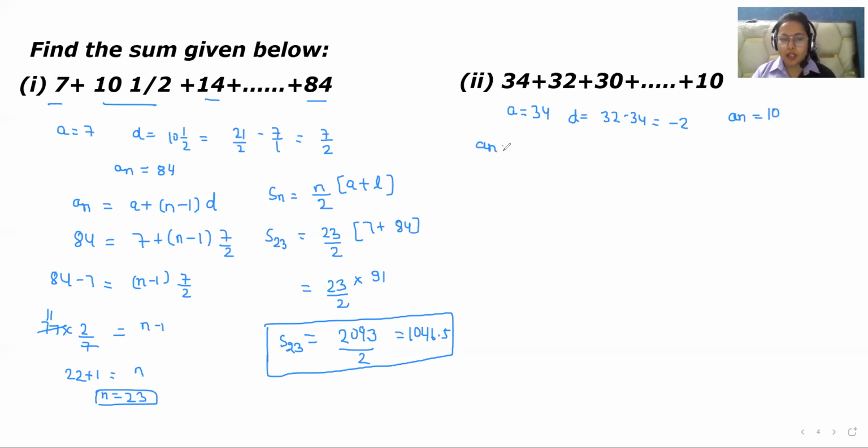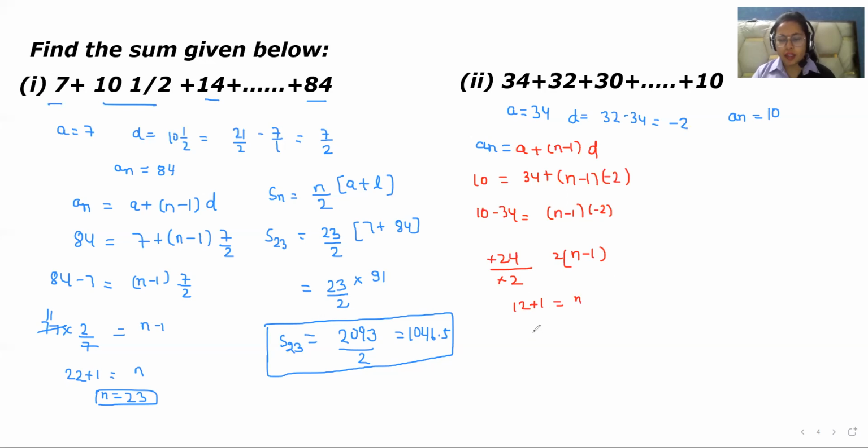So the formula for an is equal to A plus (n minus 1) D. 34 plus (n minus 1) times minus 2. 10 minus 34 equals (n minus 1) times minus 2. 10 minus 34 is minus 24, and here minus 2, and here n minus 1. And we take the minus and divide 24 by 2, you get 12, plus 1 equals n. So your n is 13.